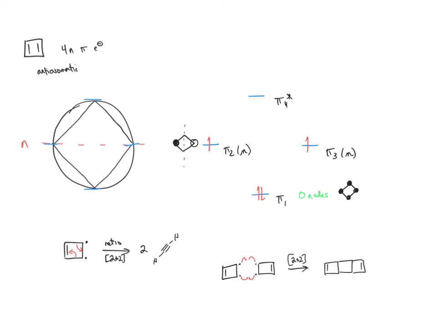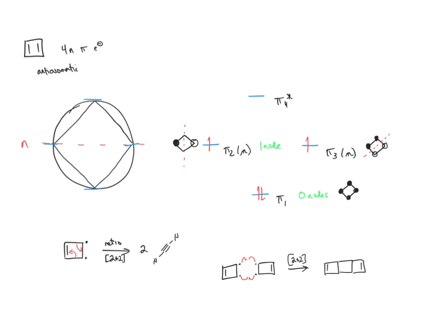In the case of pi 3, let's say now we've got a node that goes directly through the bonds instead. And so we've got 2 lobes that are shaded here and 2 lobes that are unshaded there. And this is because there's only 1 node in pi 2 and pi 3.